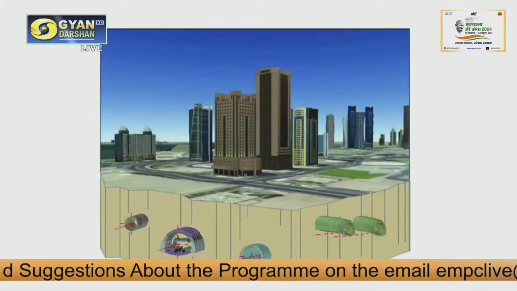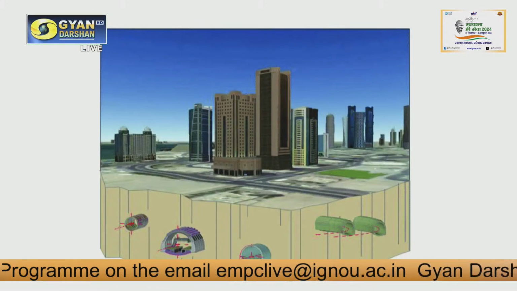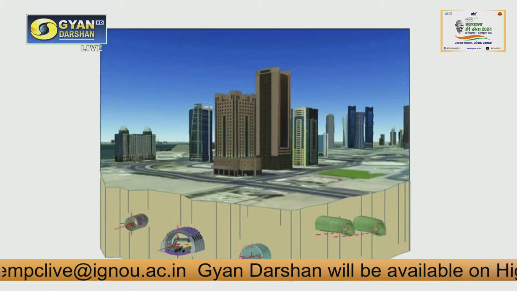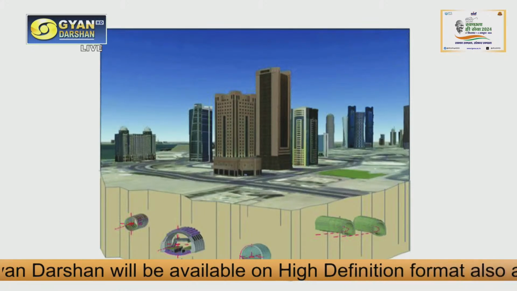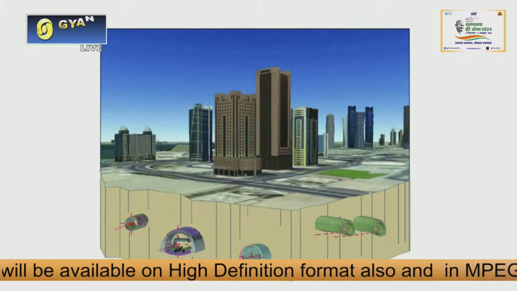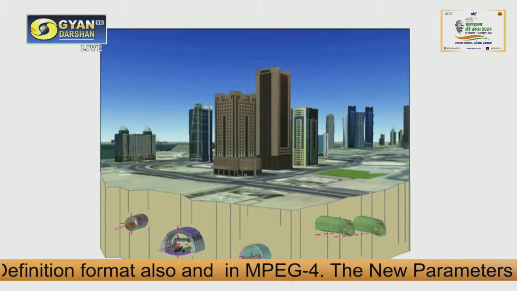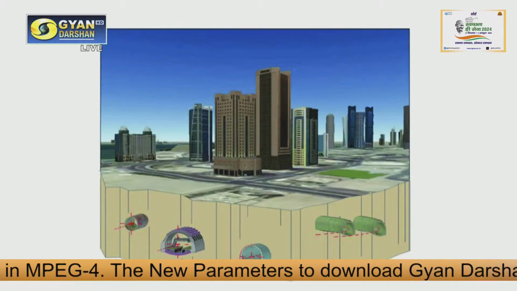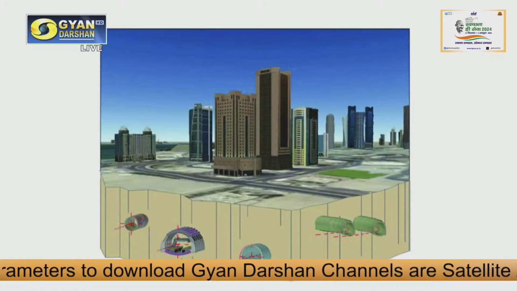Just look at this graphic. At the surface, multi-story buildings are there. But under these multi-story buildings, many underground construction facilities are there. These may be sewer pipes, metro tunnels, tunnels for different utility cables.